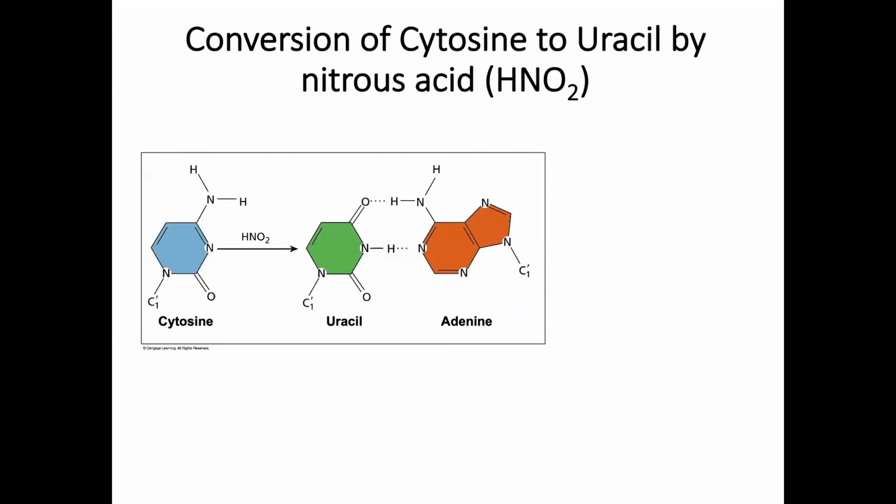In addition to radiation, chemical mutagens can also cause mutations. For example, cytosine can be converted into uracil by the action of nitrous acid. This will lead to a base pairing between uracil and adenine.